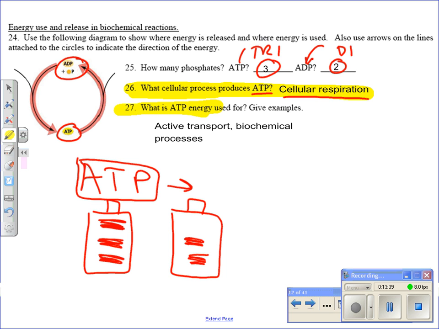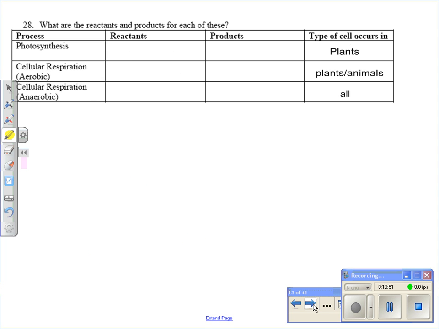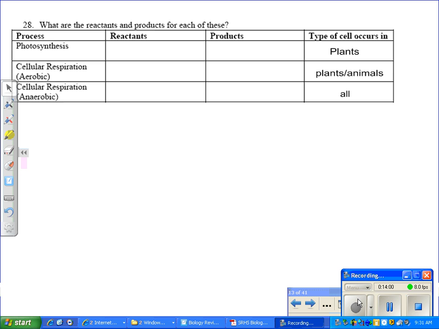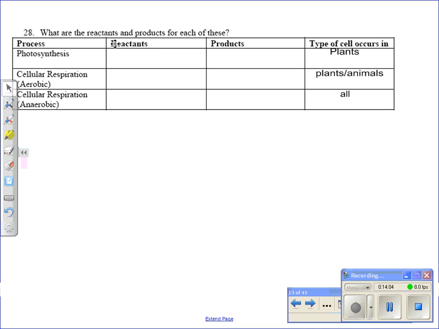What do we use ATP for? Active transport and all biochemical activities of the cell. Everything the cell does: putting molecules together, breaking molecules apart. All those things are done by using ATP for energy. What are the reactants and products for each of these? Well, photosynthesis. What do you need for photosynthesis?